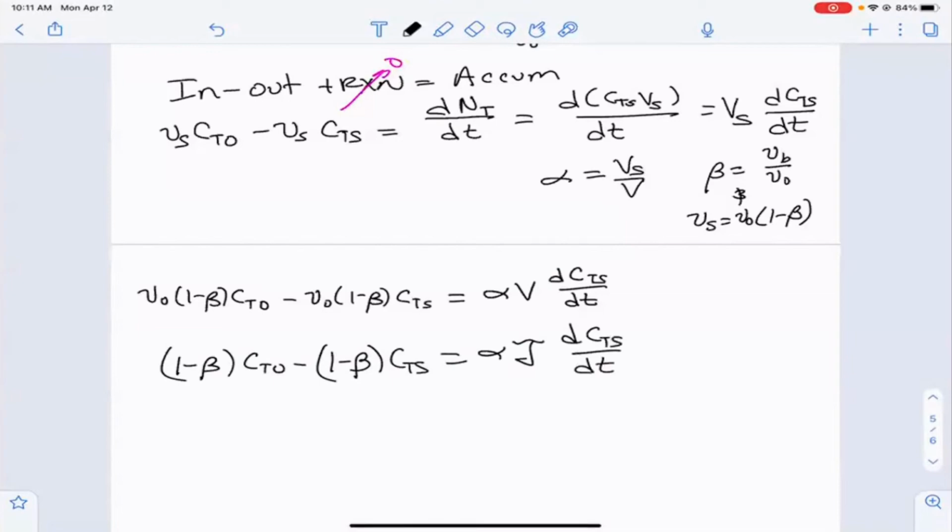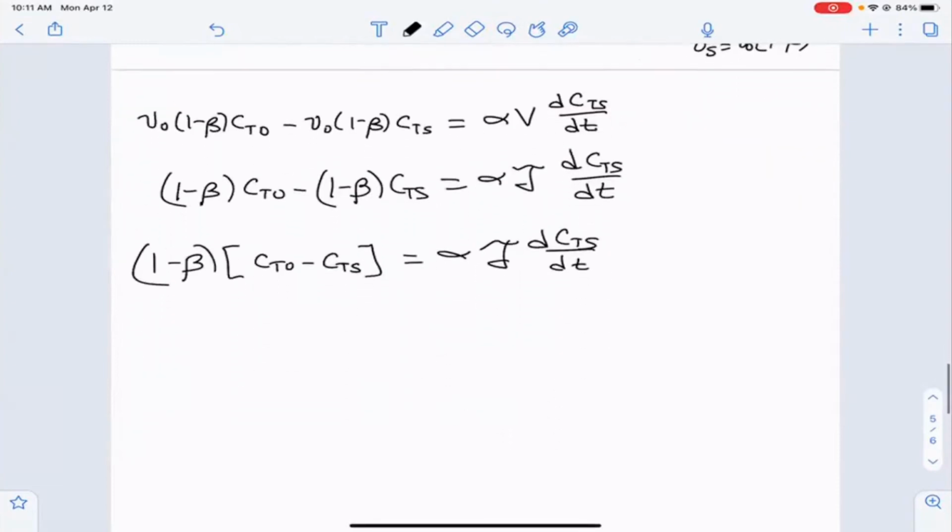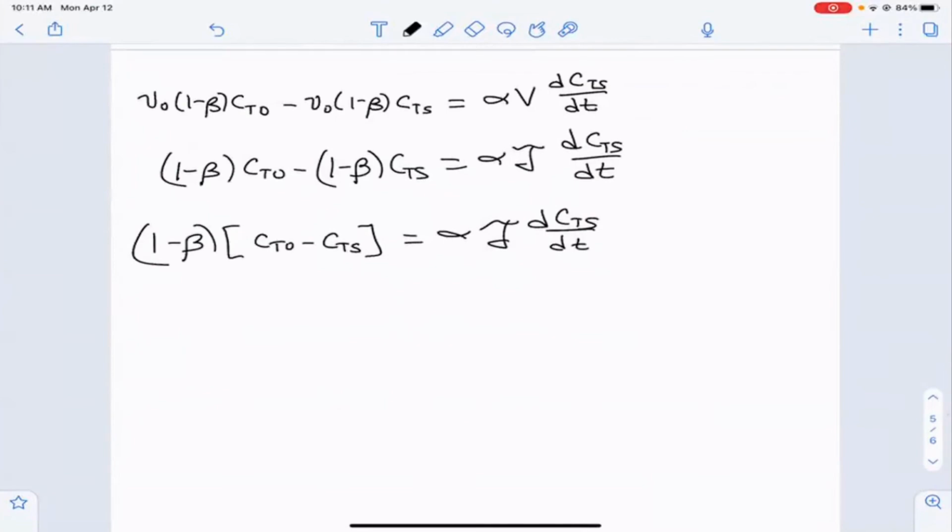We also have this 1 minus beta term that is the same for these two. So this can just be 1 minus beta times (CT0 minus CTS) is equal to alpha times tau times dCTS/dt. And we know we're going to have to integrate this.